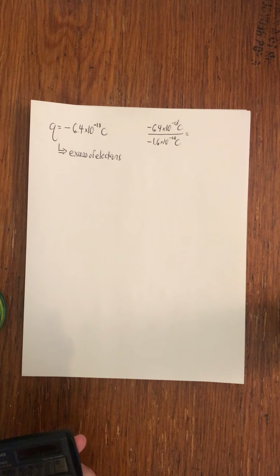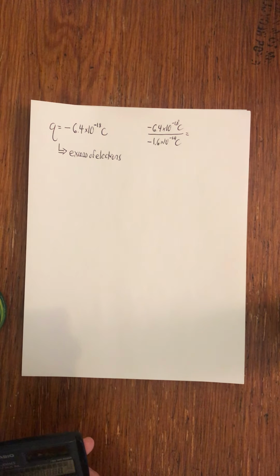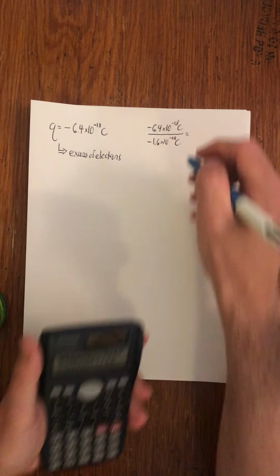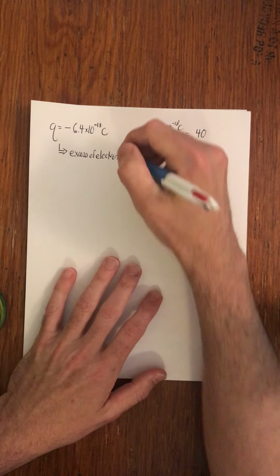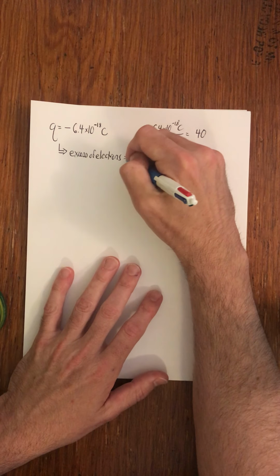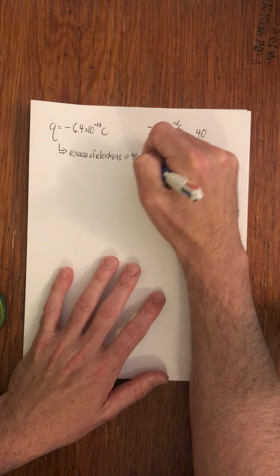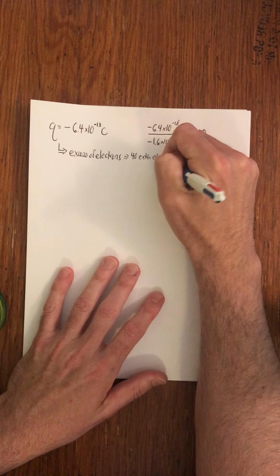These numbers are all really tiny, so I have to get used to using my magical EE button or EXP button that we used when things were very large. And we find out that the answer is 40. So that thing has an excess of electrons. Specifically, it has 40 extra electrons.